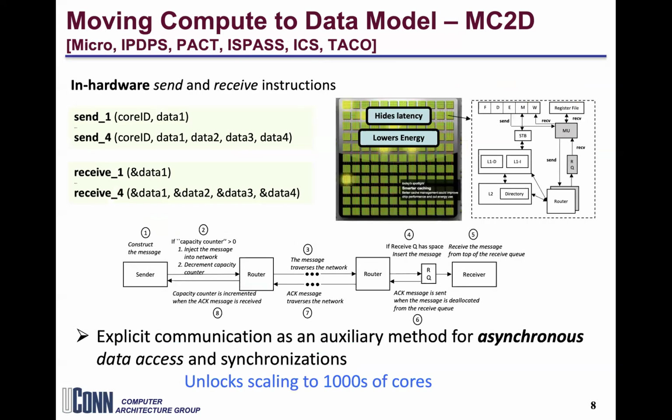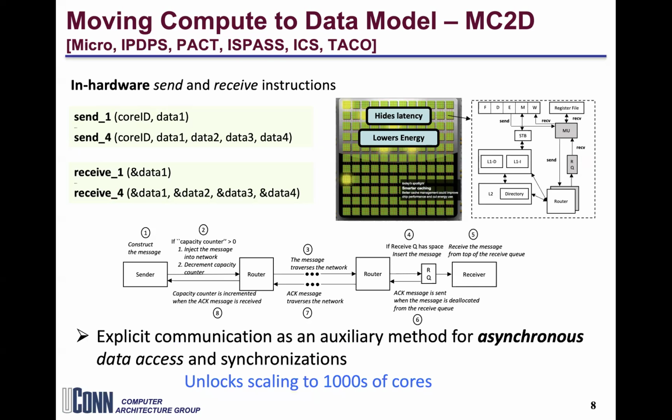And then there is another piece of work that we evolved into, to see if we can enable asynchronous messages on the system so that these messages can take the compute to where the data is, and then operate. And we used this to build explicit communication, which operated as an auxiliary method to your traditional cache coherence paradigm for asynchronous data access enablement.